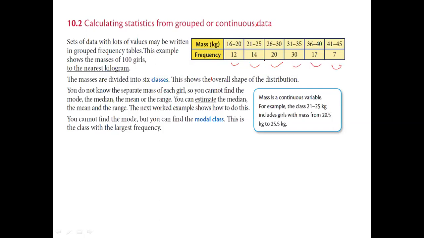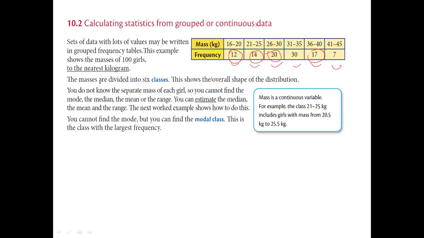So we have 6 groups here, and each group has a different number of students. In the first group, 12 students, the third group is 20, and the fifth group is 17 students.